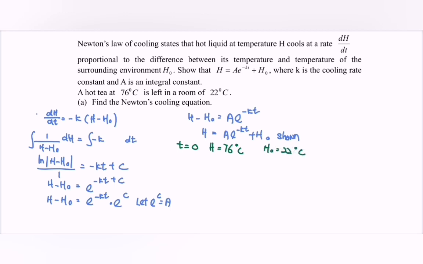Substituting, we have 76 equals A exponent negative k times 0 plus 22. Rewriting, 76 minus 22, which is 54, equals A. Finally, H equals 54 multiplied by exponent negative kt plus 22. So that is Newton's cooling equation.